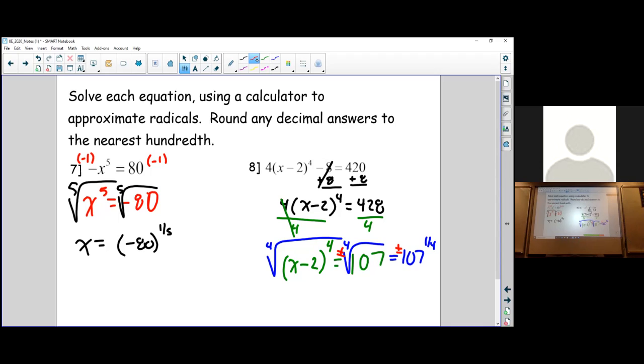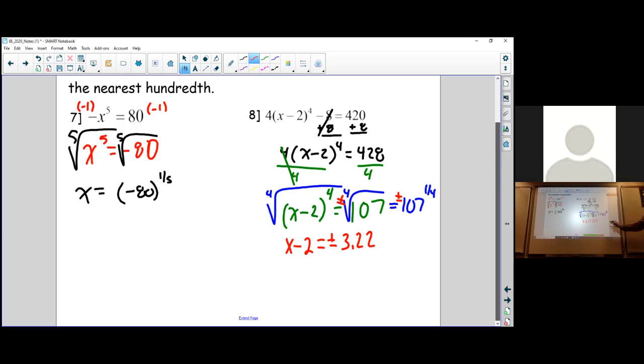Clear. I want 107 raised to the 1/4 power. Okay, so that's going to give me x minus 2 equals plus or minus 3.22. Almost done with the problem. Add 2 to both sides.